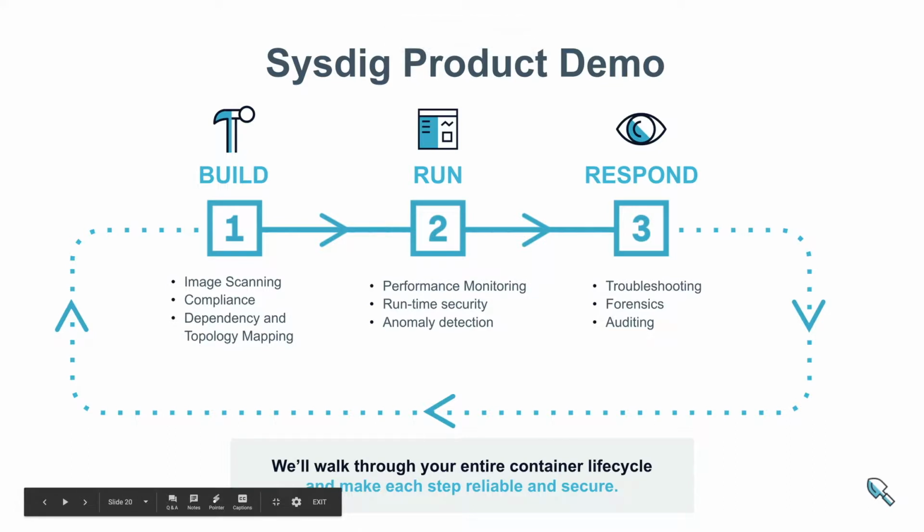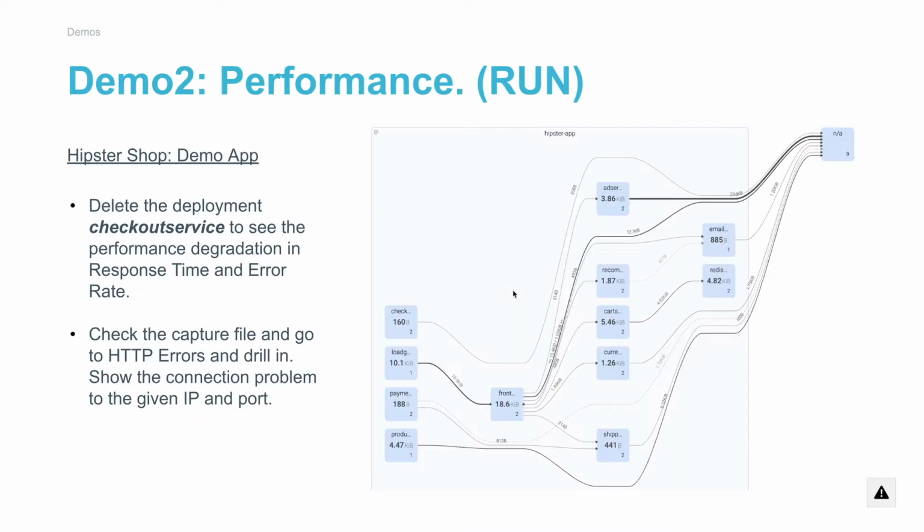All right. So in the previous video, we talked about build. That's the first step. In this video, we're going to talk about running. Specifically, we'll focus on performance monitoring. We're going to break an application and show you what to look for. So here's demo number 2.